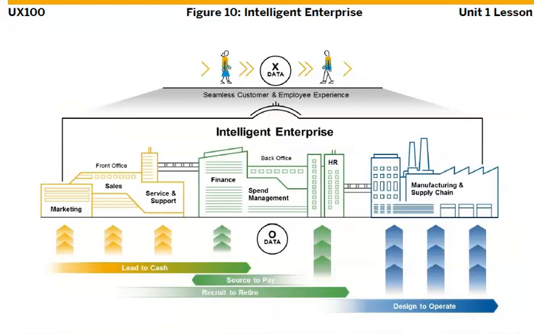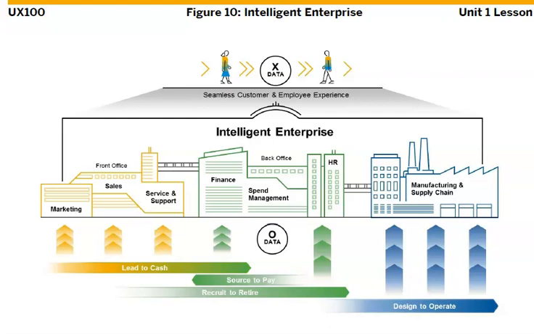So we have an intelligent enterprise right now. All the organizations are moving ahead to the intelligent enterprise. We have all these integrated with the ERP, but that ERP has now been upgraded to intelligent ERP. In intelligent ERP, we have lead to cash, source to pay, recruit to retire, and design to operate.